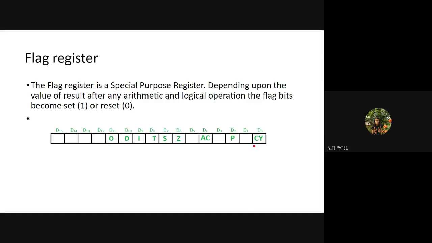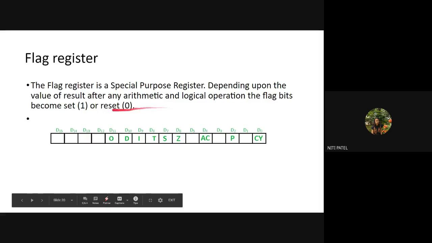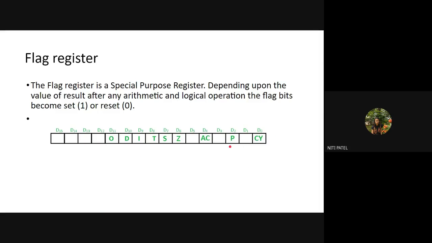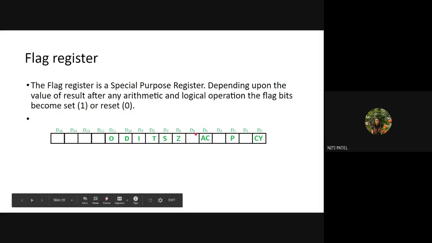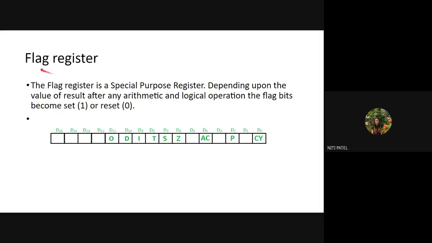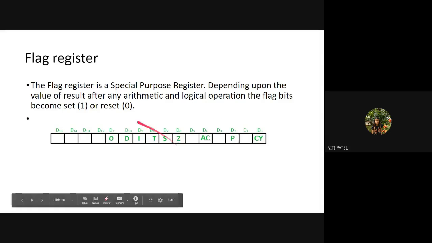Because when you perform any ALU operation, the processor says that apart from carry, parity, auxiliary carry, sign, trap, interrupt, overflow and direction, I do not encounter anything new. Therefore, the remaining bits are to be marked with 0. And since the flag register size of 80386 is 16 bits, I have to make the entire register 16 bits, whereas the remaining bits will be marked as 0.